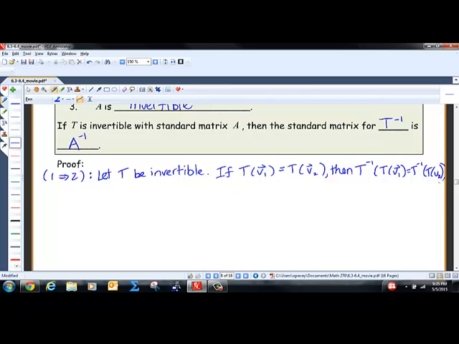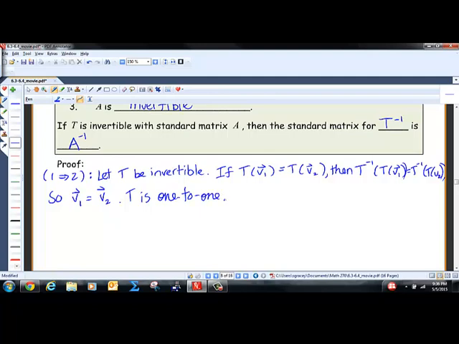We would end up getting that V1 has to equal V2, because if it's invertible, you get what's inside. I missed a parenthesis here. Okay, so that tells us that T is one-to-one. It's another way of showing one-to-one.